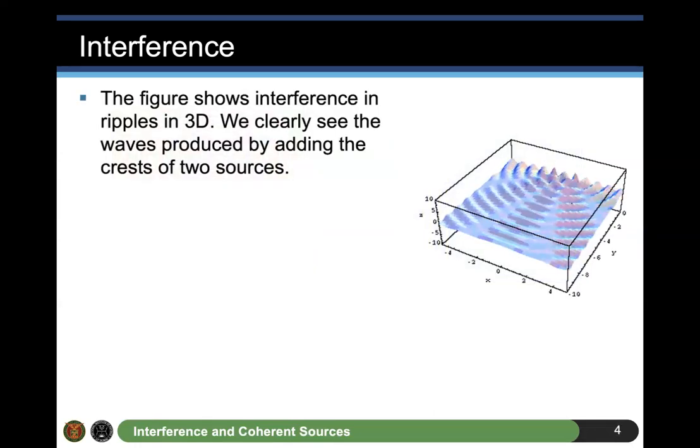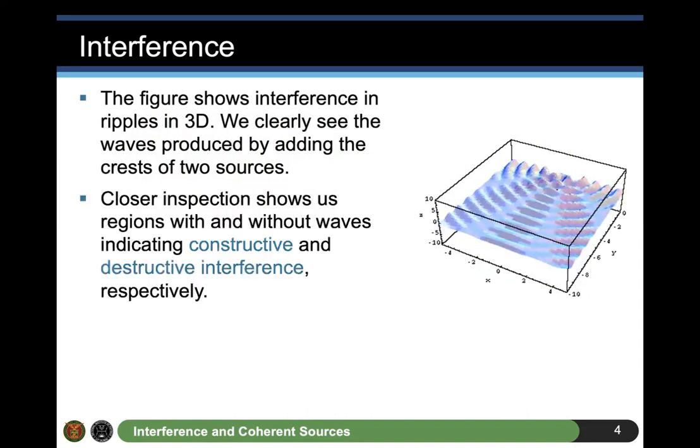And this interference pattern is not just in planar, they can also be observed in 3D, as shown here. And we can see clearly the waves produced by adding the crests of two sources, okay, in here. And when each of these waves subtract, you won't see any crests or troughs.